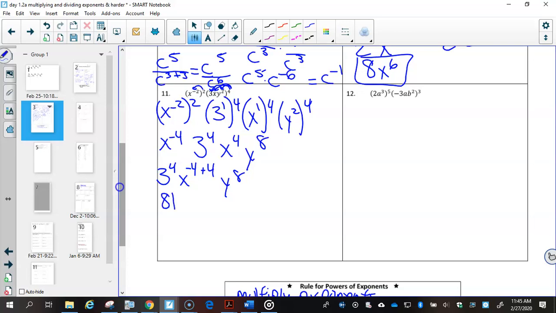When we combine these, we get 0. What happens when we have 0 as an exponent? You get 1. So our answer is 81 y to the 8. The x's completely disappeared. We started with 2 and now they're both gone. That will happen sometimes.